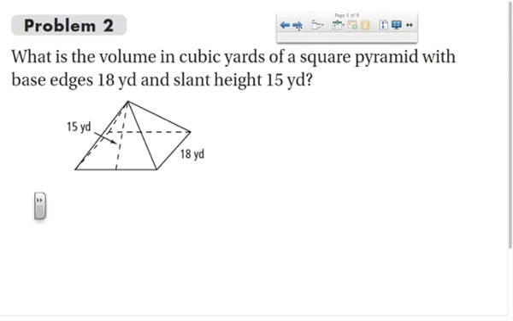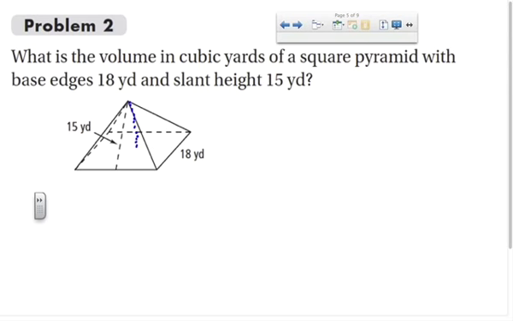Once again, ask yourself the question, did they give you everything they needed to? No, they gave us the wrong height. So just like we did before break when they gave us the how tall is it height and we needed the slant height, you're using Pythagorean theorem once again in order to find the height that you need.